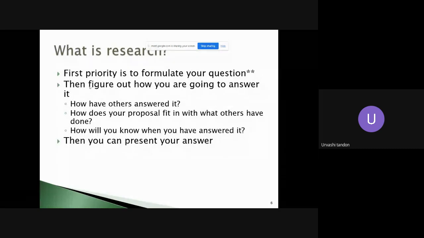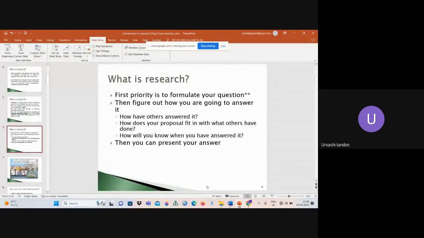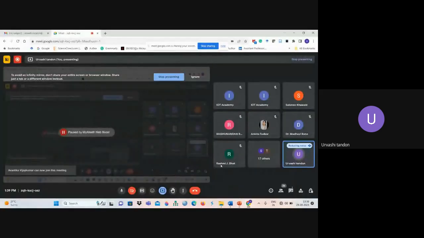So the first priority is to formulate your question in your research. When it comes to formulating the question, I generally tell a very simple story to my students. Have you heard the tale of a seahorse?